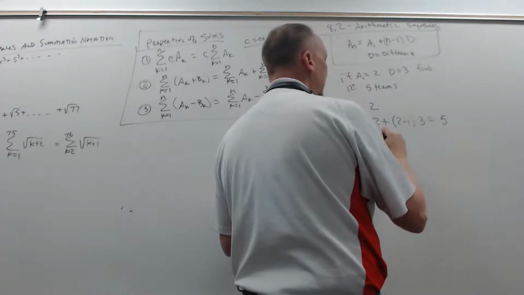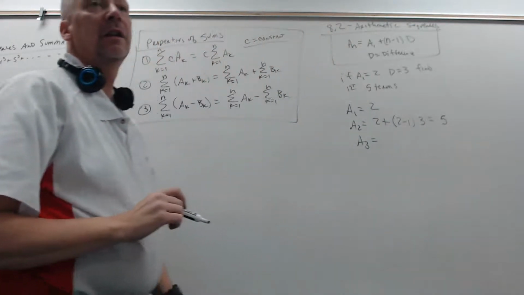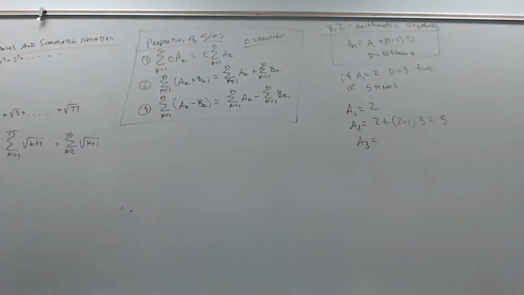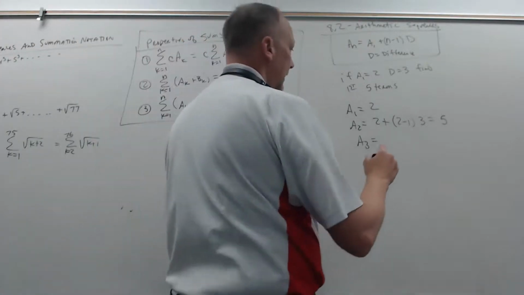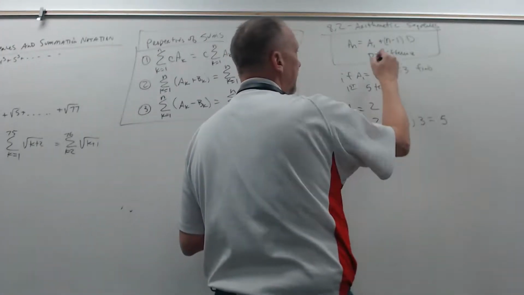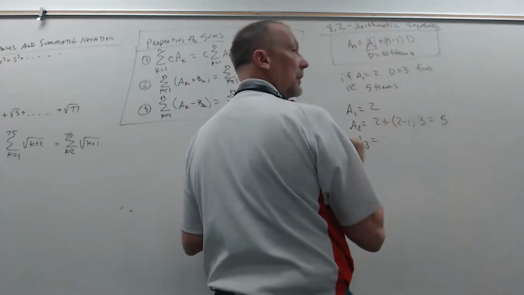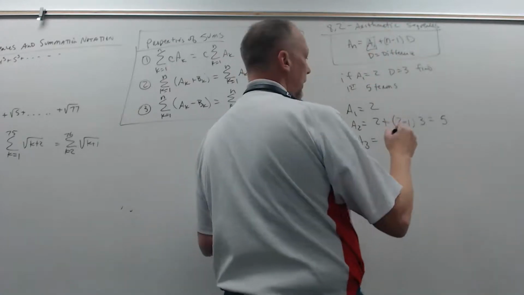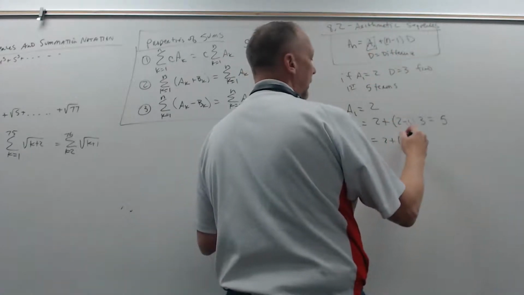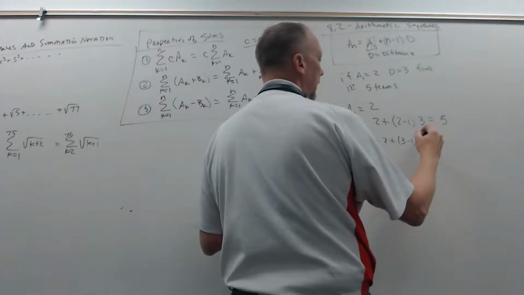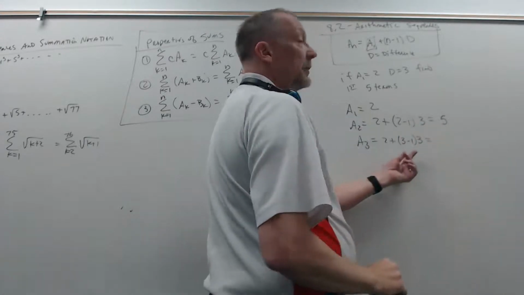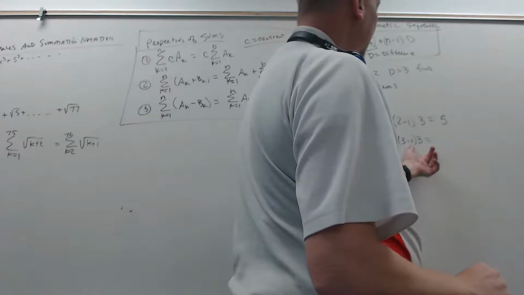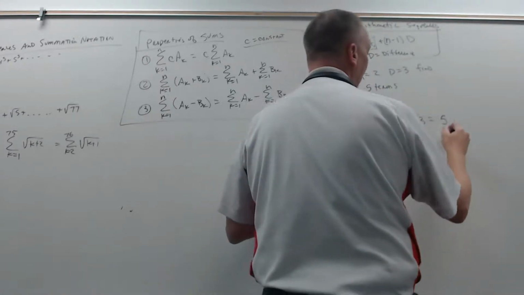A sub 3 equals what, Victor? No, we're still going with the first term, so this is not recursion. 2 plus 3 minus 1 times 3. 3 minus 1 is 2, times 3, plus 2, 8.